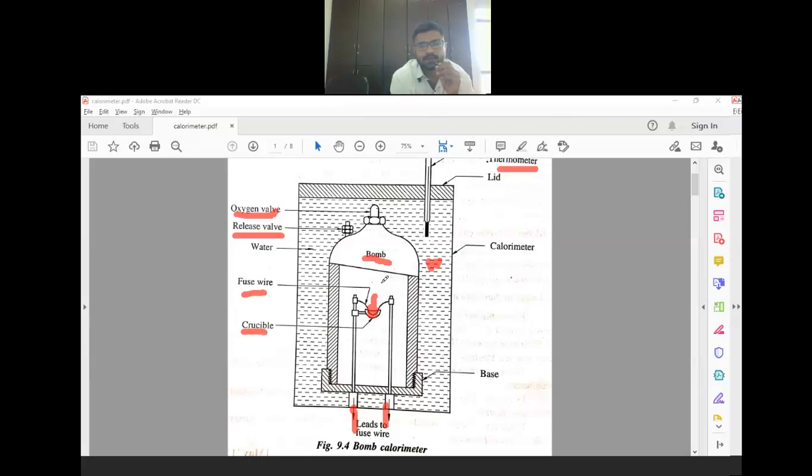So it will try to give its heat to the nearby object. Here we have the calorimeter. That flue gas will give heat to this calorimeter, and the calorimeter will give heat to this water.